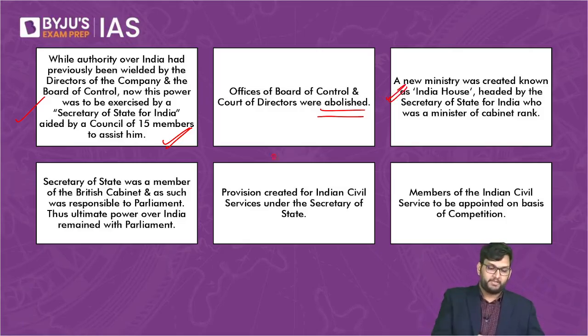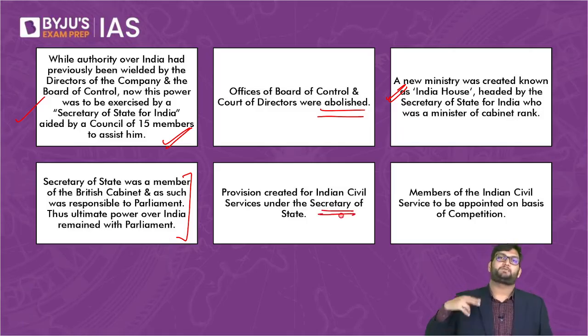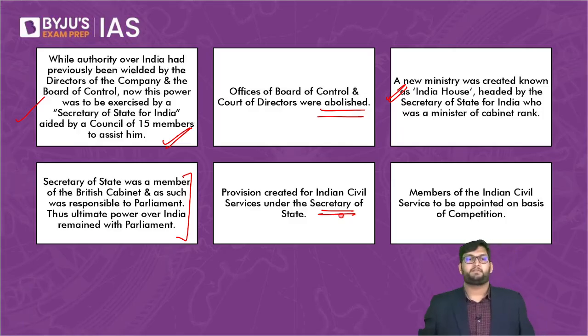Thereafter, this cabinet minister is going to control everything, and he will represent the Parliament vis-a-vis how India was managed. And now the civil services, the ICS, which was previously reporting to the Board of Control and Court of Directors, will report to the Secretary of State.